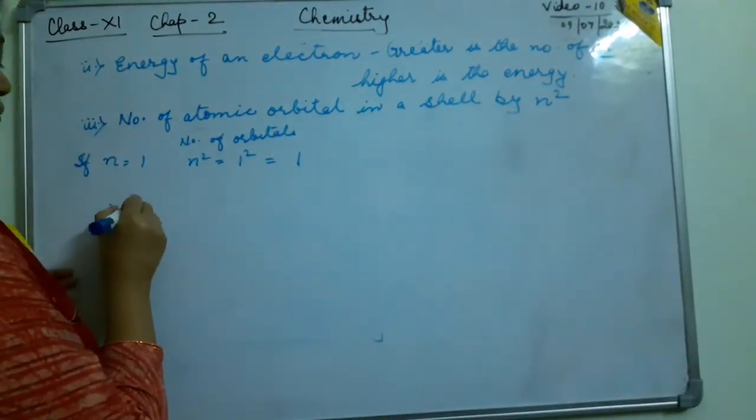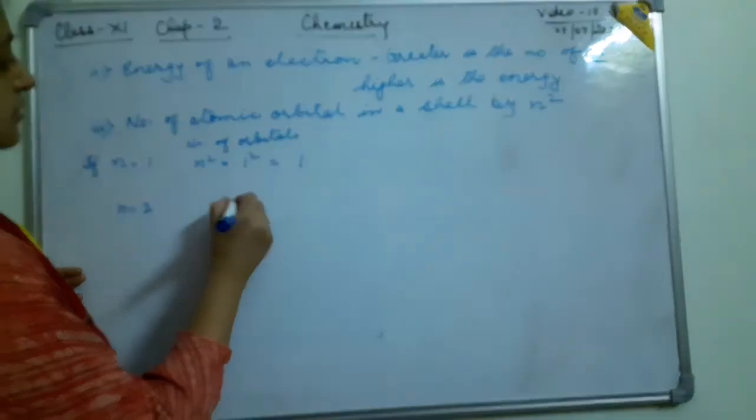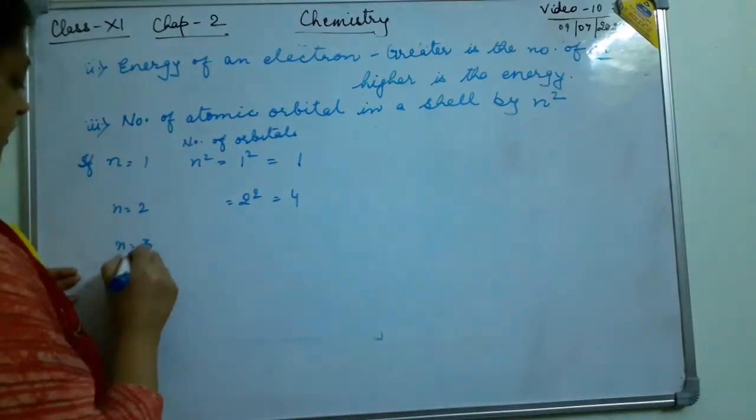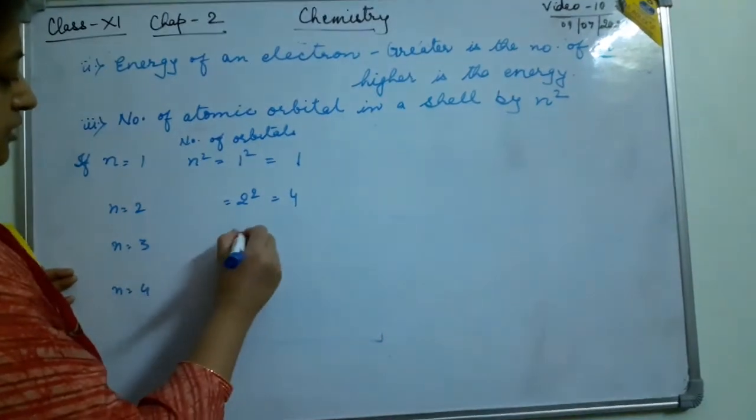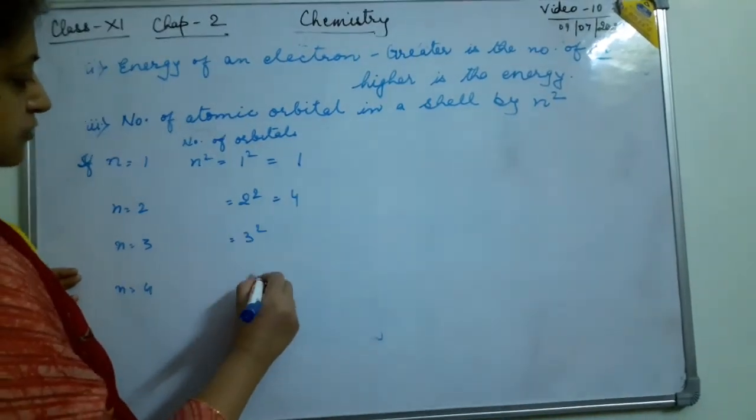If n equals 2, it is 2 square, equal to 4. For n equal to 3 and 4, it is 3 square, which is 9, and 4 square, which is 16.